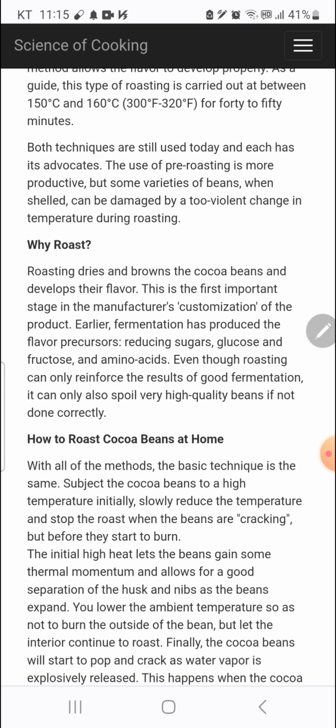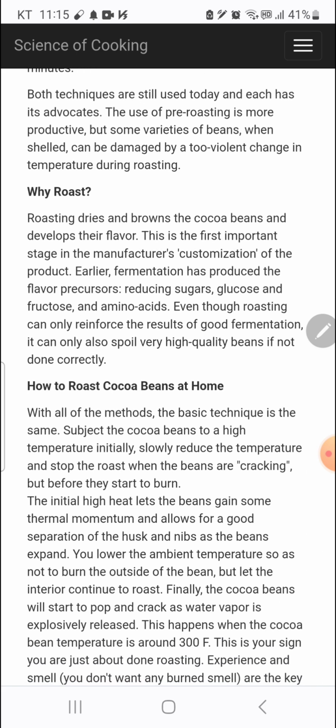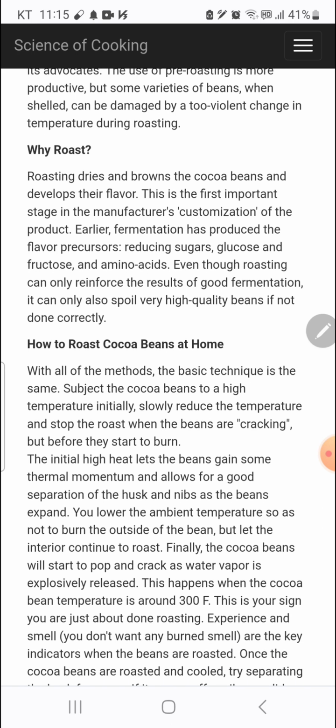Why roast? Roasting dries and browns the cocoa beans and develops their flavor. This is the first important stage in the manufacturer's customization of the product. Earlier fermentation has produced the flavor precursors: reducing sugars, glucose, and fructose, and amino acids.